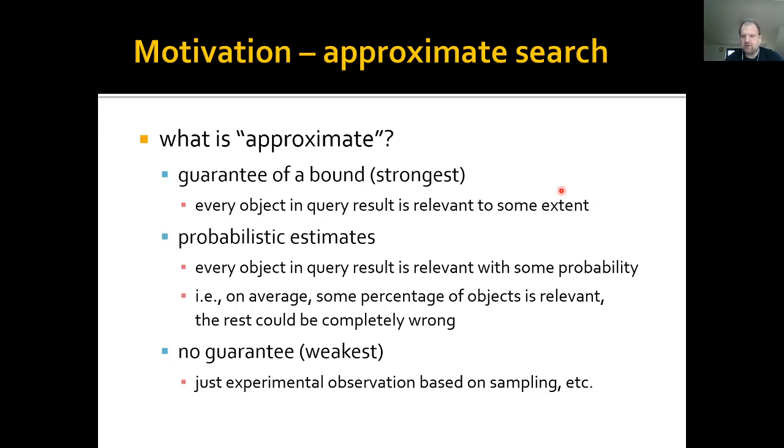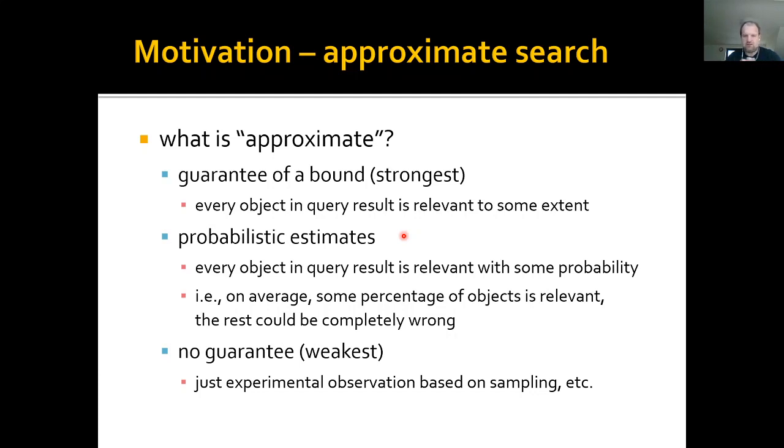Then, if this is not enough, and it mostly will not be enough, because, as I said, it's not so aggressive to speed up the search much, then we need to resort to less guaranteed searches, and the well-known concept for this is probabilistic estimate or probabilistic guarantees for approximate search. So we relax from the guarantee of every individual object in the query result.